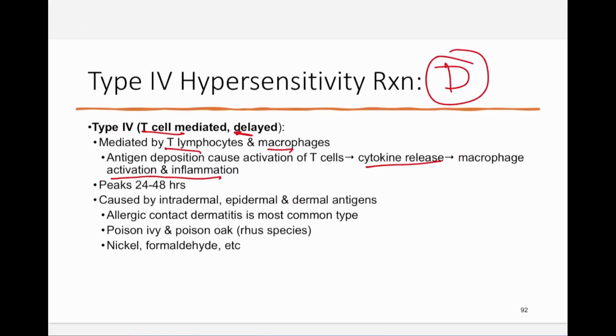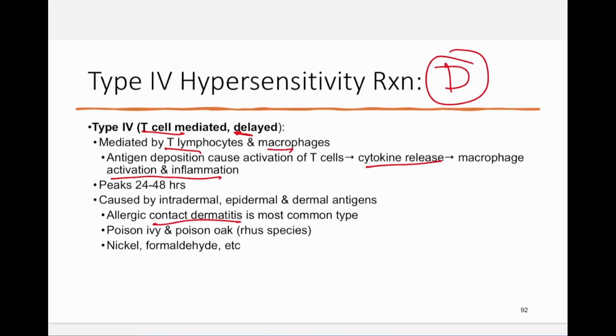You have to wait 2 days for this response to occur if you've already been exposed to TB. If you've been exposed to TB and you get a PPD, it's going to pop and be positive because you're causing a type 4 hypersensitivity reaction on the skin because you injected an antigen there. T cells are going to get activated to do something.